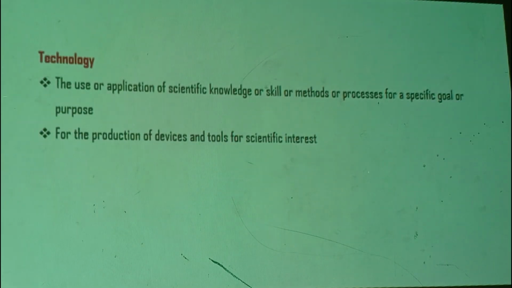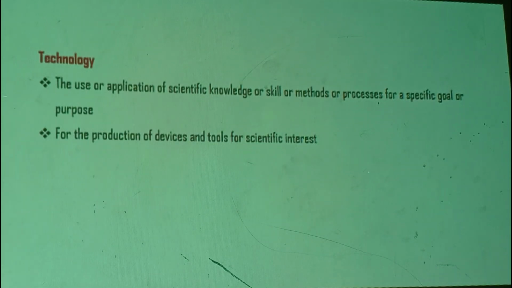And when we come to the other term, technology, how can we define it? It is the use or application of scientific knowledge or skill, or scientific methods or scientific processes, for a specific goal or purpose.